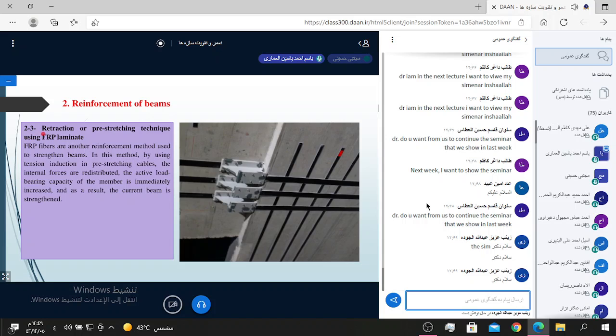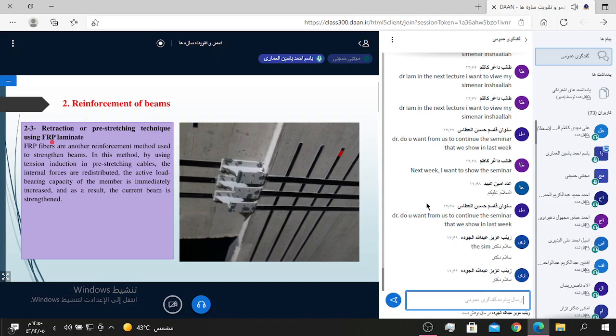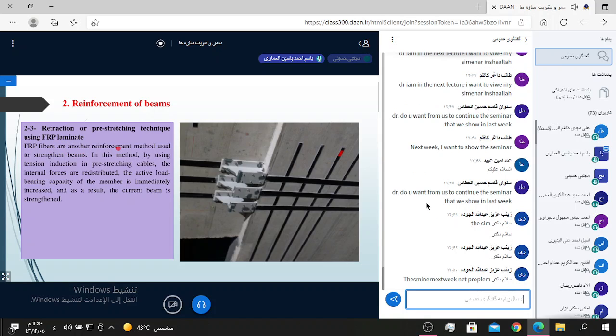Method three: preparation or pre-stretching technique using FRP laminates. FRP fibers are another reinforcement method used to strengthen.